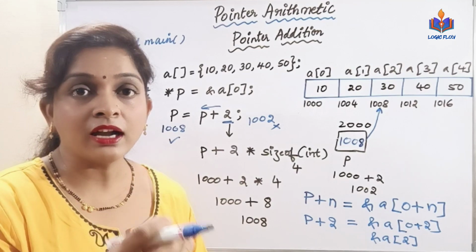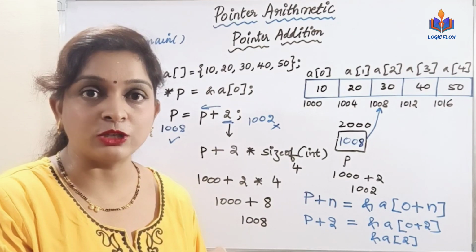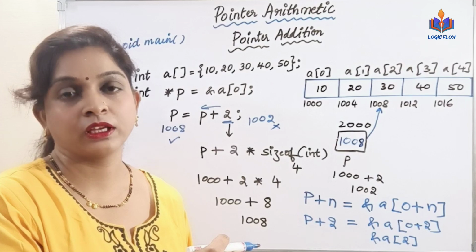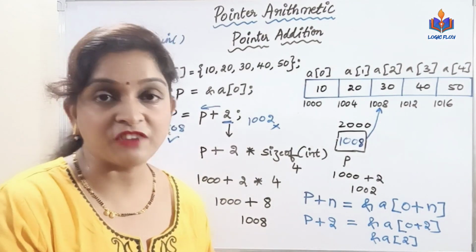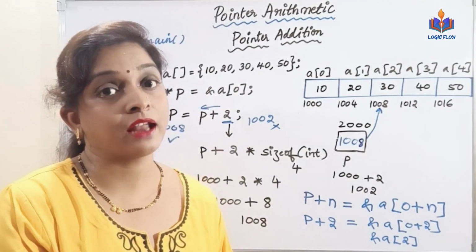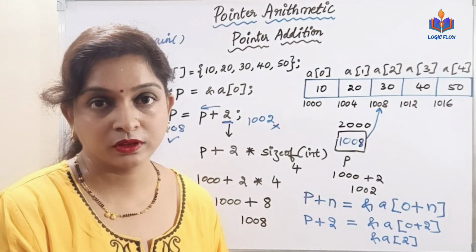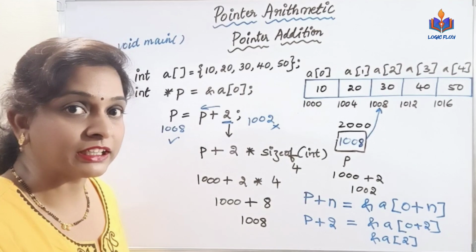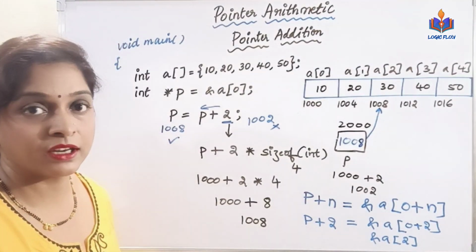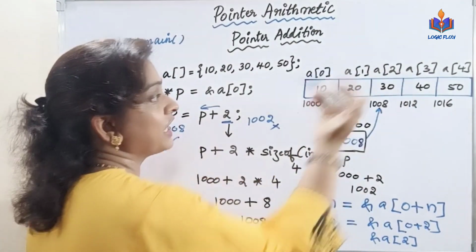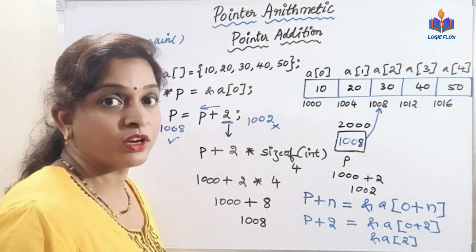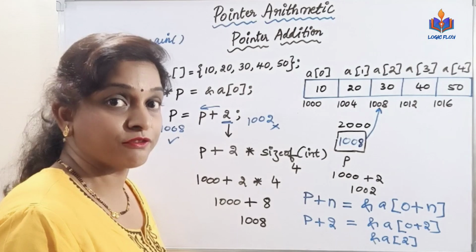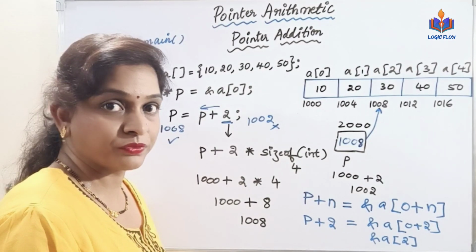If it is an integer pointer, I can add an integer value. If it is a float pointer, I can add a float value. And depending upon the size of the data type, it calculates. So I can easily navigate to the array values and I can change the memory locations. That is what we have understood till now, right?